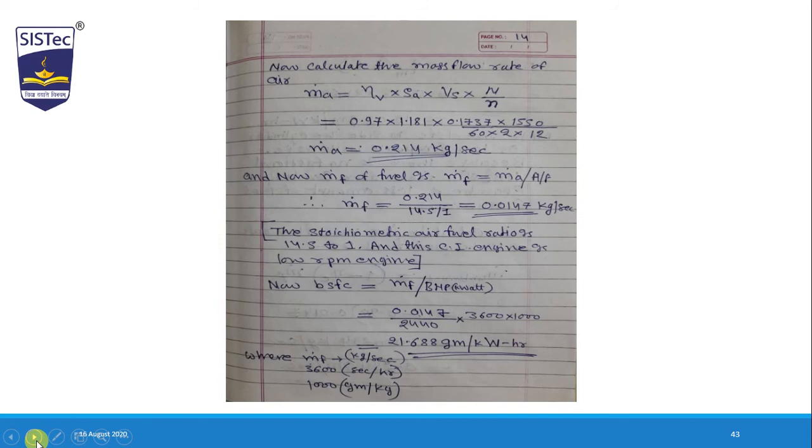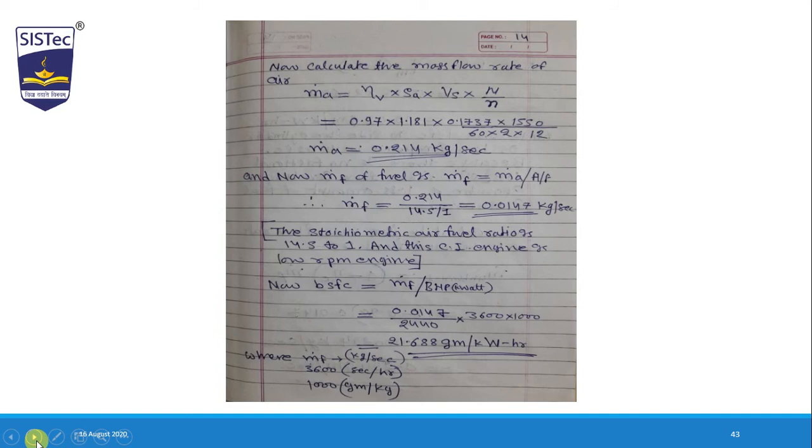Actually, in the CI engine, the stoichiometric air-fuel ratio goes around 22:1, but the engine can also be classified according to speed. The engine which lies close to 1500 rpm is known as a slow speed engine.